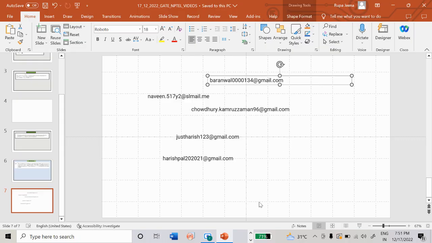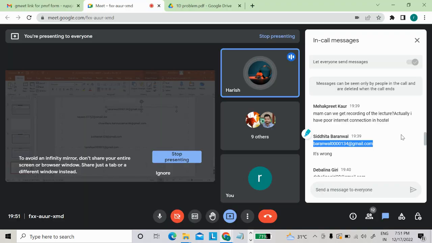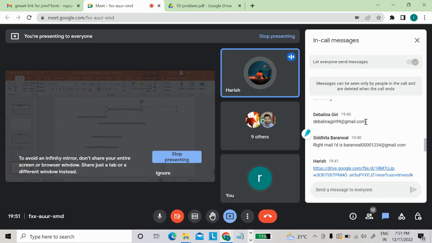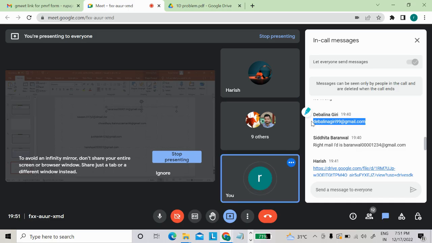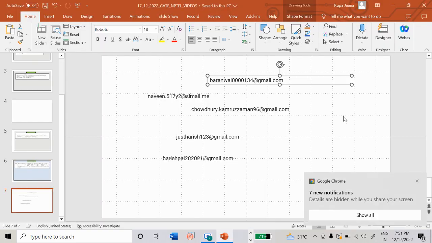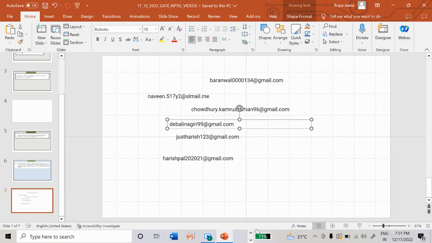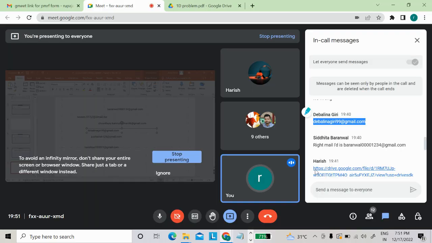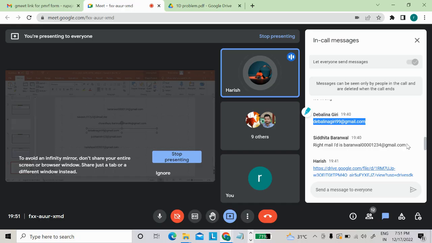JRF, CSIR JRF examination. Okay. Just practice each and every question. That will sharpen your mind.